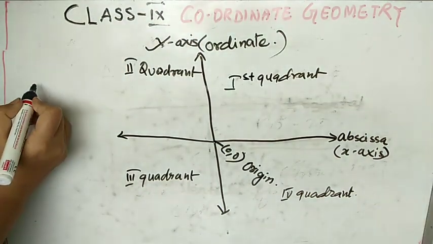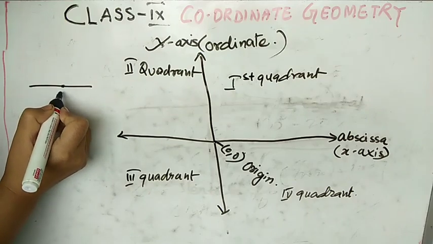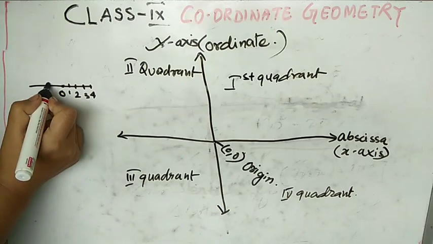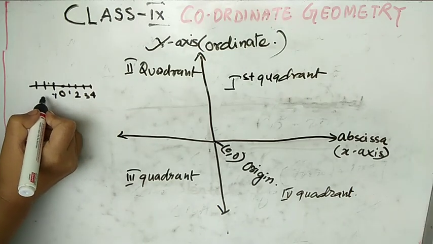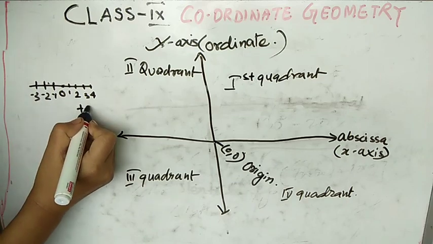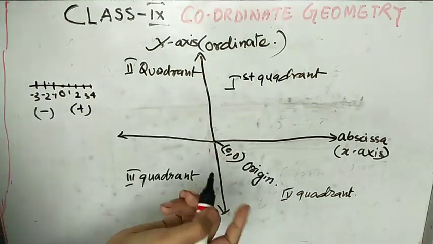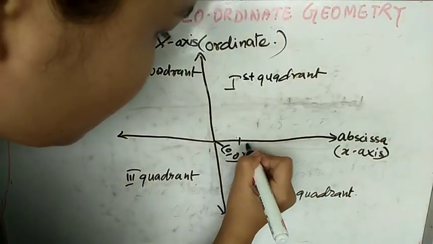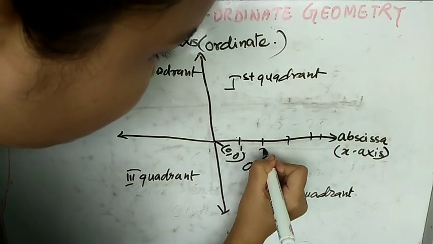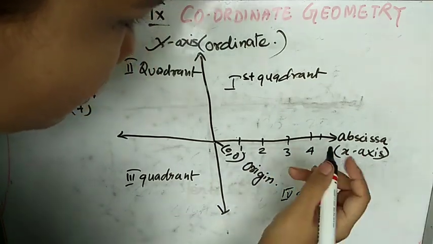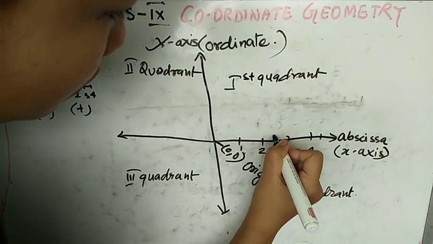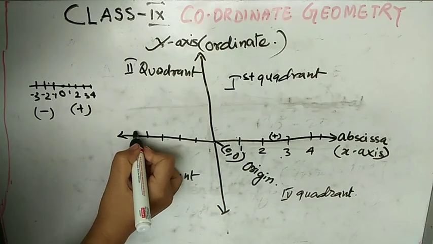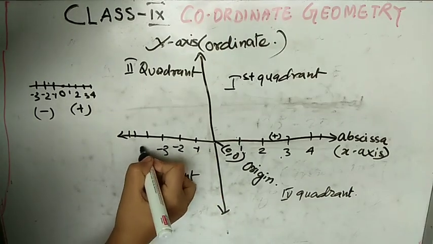Now we know that in a number line, the middle part represents the point 0 and is known as origin, and the numbers on the right are known as the positive numbers, and the numbers on the left are known as the negative numbers. In the same way, on the horizontal line, the numbers that are represented on the right are the positive numbers, and the numbers that are represented on the left are the negative numbers.